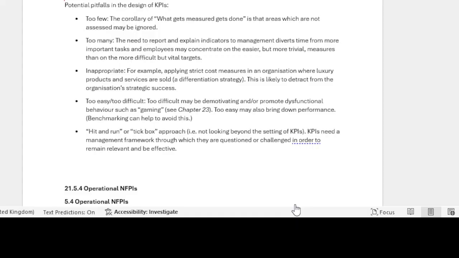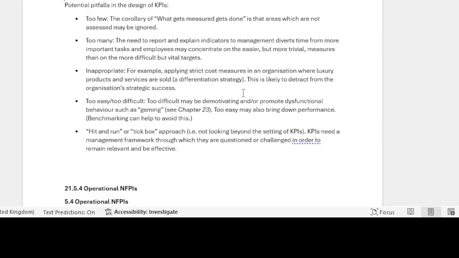So that's also a very big challenge. Instead of focusing on those which are extremely important, because the indicators are quite many, we would focus on other things that could not be very vital. Then some of them could also be inappropriate.